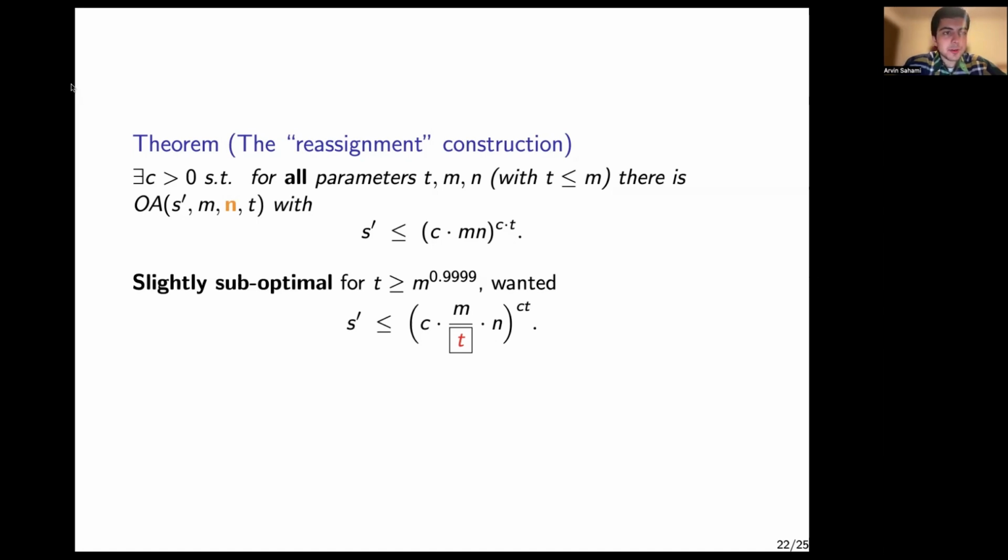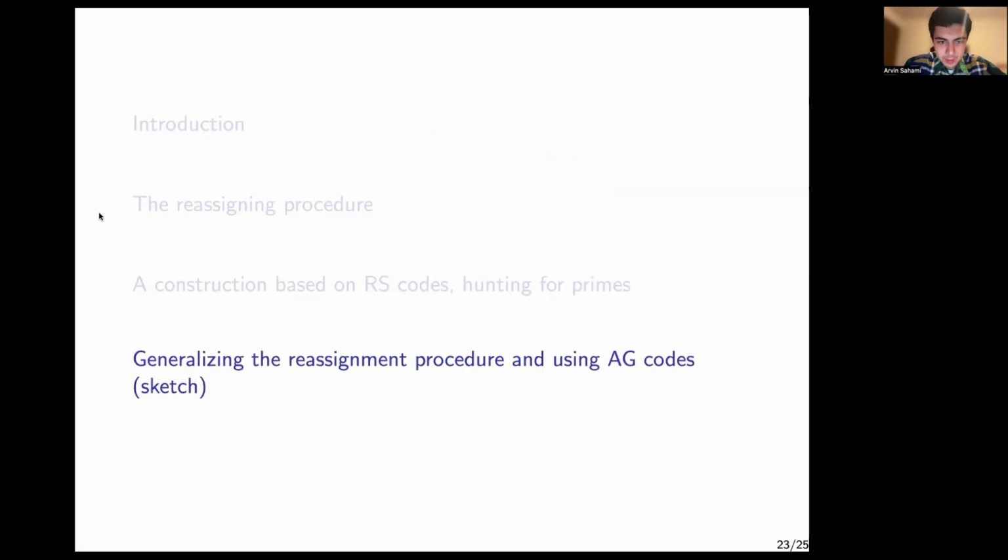But no problem. In order to get the tighter results, we need to sharpen our tools. And so what we're going to do is basically generalize this reassignment procedure that I told you about, and also use algebraic geometry codes instead of the simple polynomial construction to start with some orthogonal array.